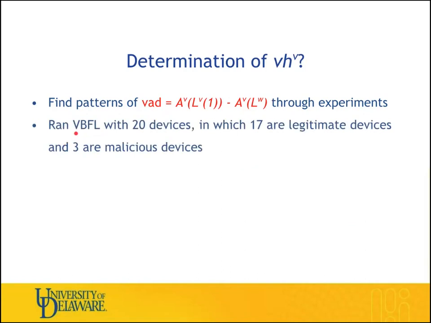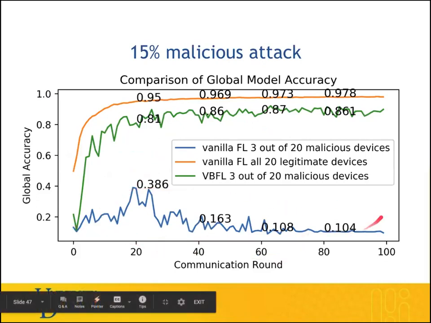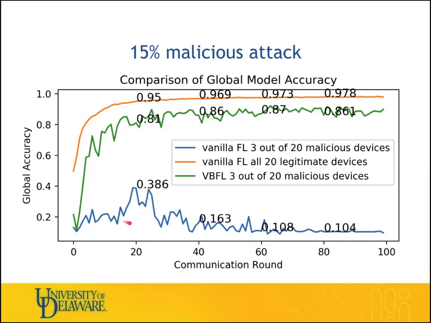Accordingly, we ran VBFL with 20 devices, in which 17 are legitimate devices and 3 are malicious devices, which is 15% of the 20 devices, right? We chose 3 malicious devices because in our previous vanilla federated learning experiment, 15% of malicious learning devices are enough to poison the global model effectively, as you may recall by this blue curve from this first figure earlier, right?